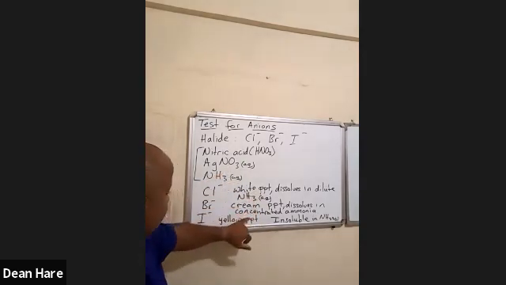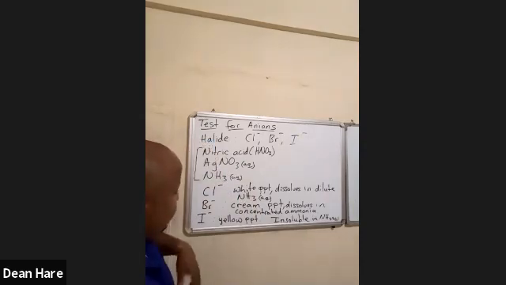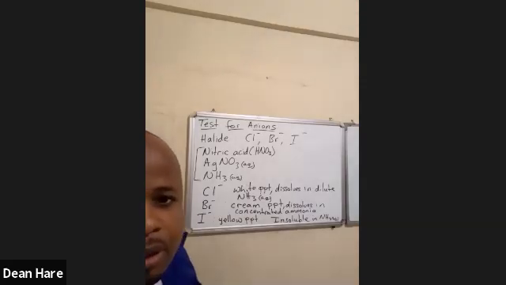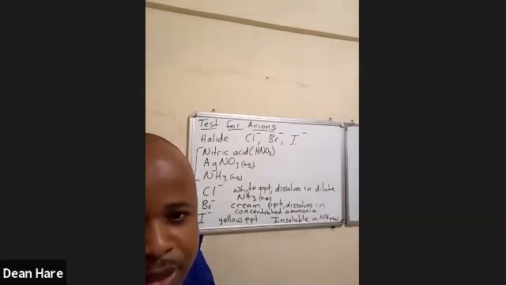So the color is for the reaction with silver nitrate. All right, so they can just give you silver nitrate followed by aqueous ammonia. That is correct.